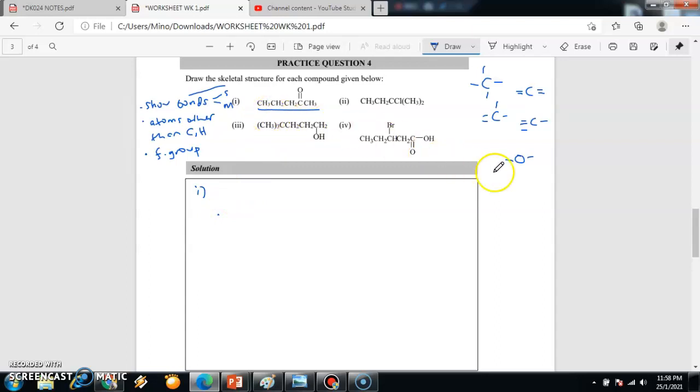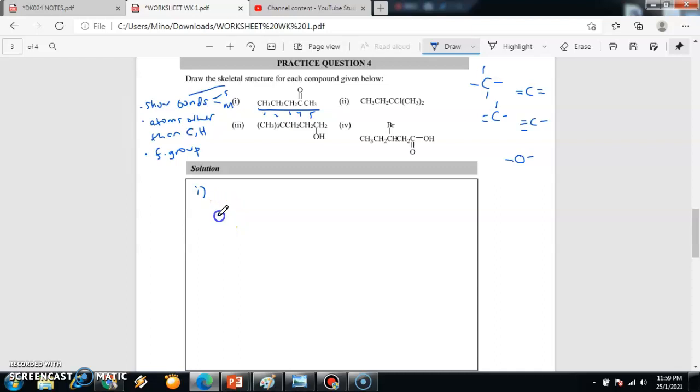Between the carbon itself, at minimum basic it must be bonded between carbon dengan carbon tu, dia mesti ada single bond lah. Once kita letak kita punya pen, itu adalah the first carbon. Tadi kita kira kita ada 1, 2, 3, 4, 5 carbon.